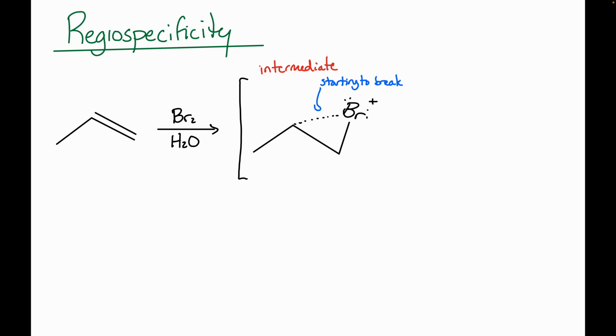My nucleophile is preferentially going to go on this other carbon, because this bond here to my more substituted carbon is already starting to break. Since it's more substituted, it's more stable at holding a partial positive charge. So that means my nucleophile, my water, is going to specifically target that more substituted carbon.